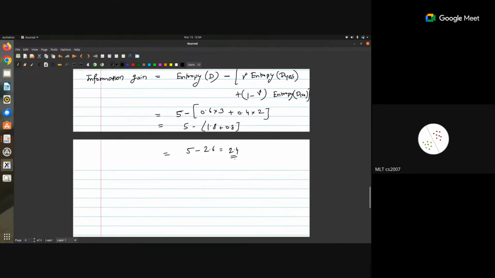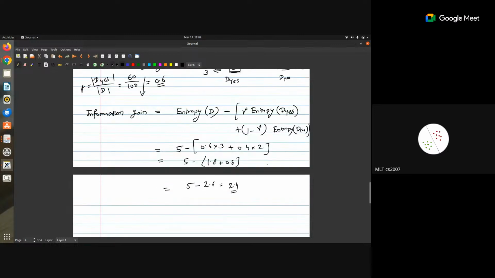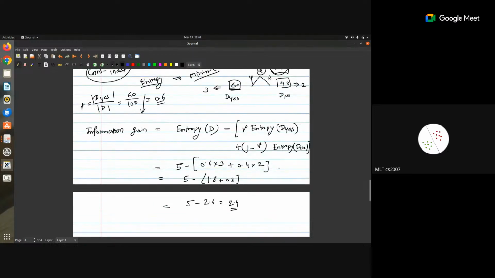That means you can see that the entropy is reduced, and you have gained something. So what should be the value of information gain? Should it be 0 or some positive quantity?